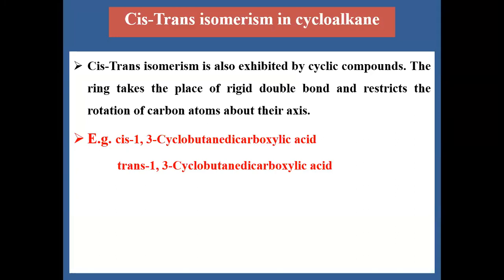So instead of double bond, here we have a ring, and around that ring there is a different arrangement of atoms or groups. What is the example of this? Example is cis-1,3-cyclobutane dicarboxylic acid and trans-1,3-cyclobutane dicarboxylic acid. I will draw their structures.